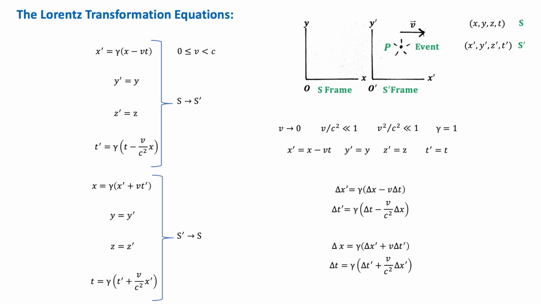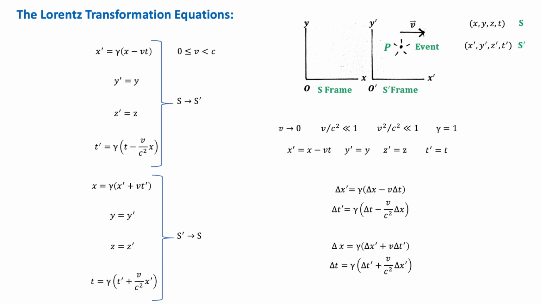So the Lorentz transformation equations provide the relationship between these two coordinates, okay? So they enable us to transform coordinates from the S frame to the S dash frame through the following equations.